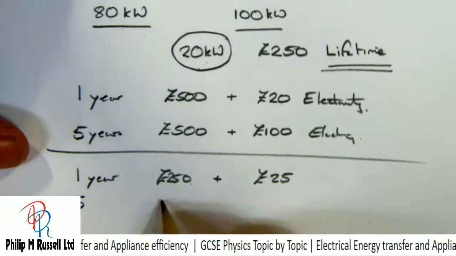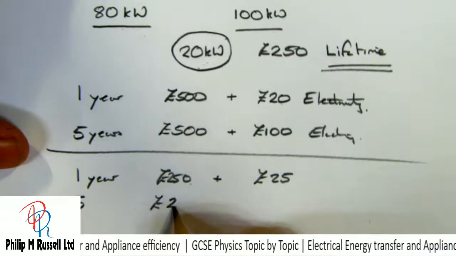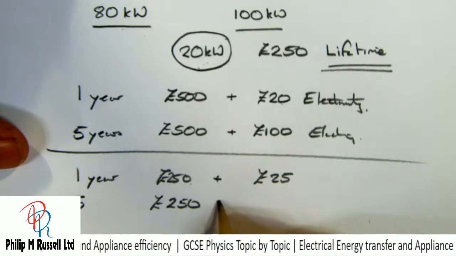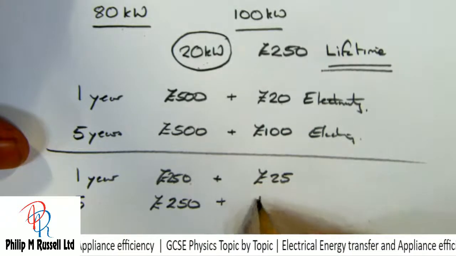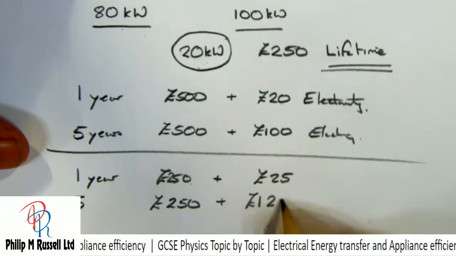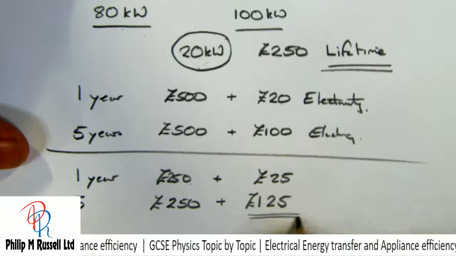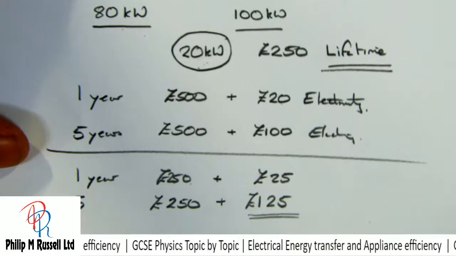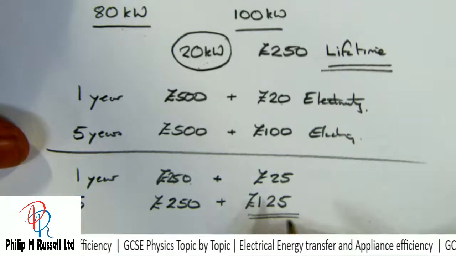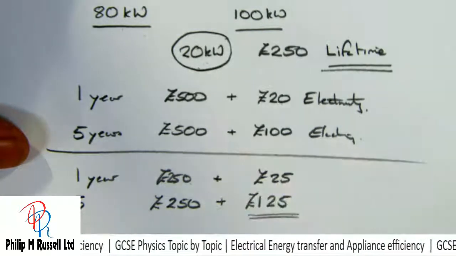And in 5 years it would still cost the same amount to buy, and it will have only cost me here an extra £25 to run. This would work out cheaper than that one.